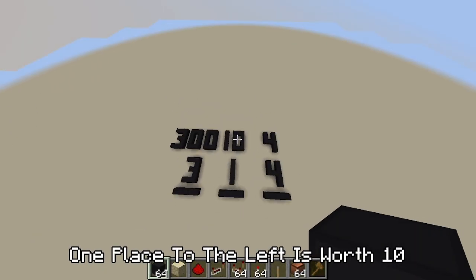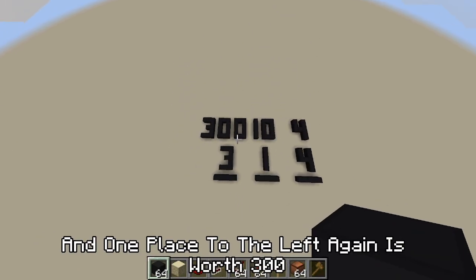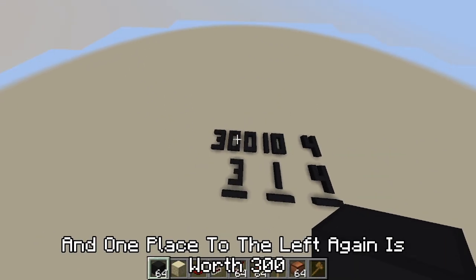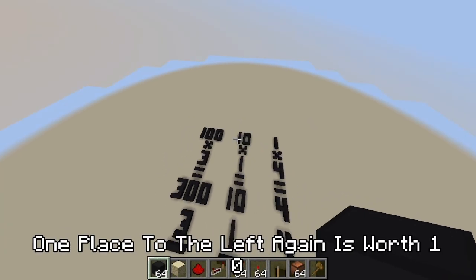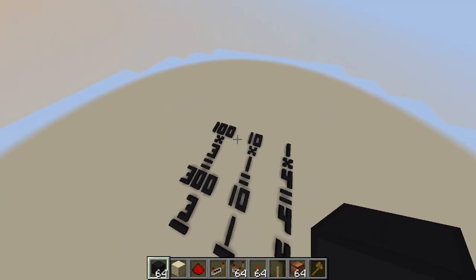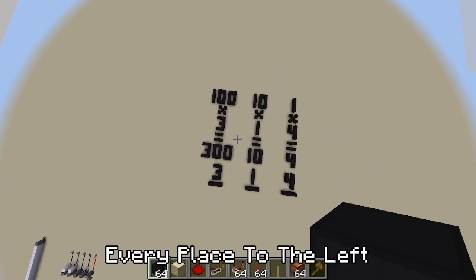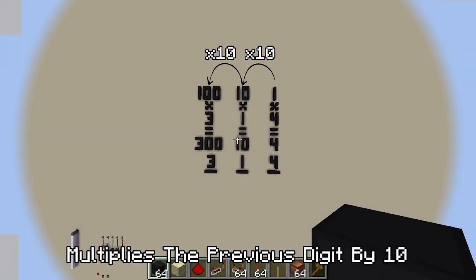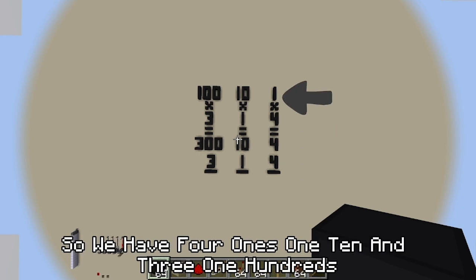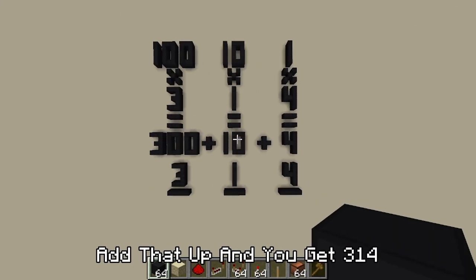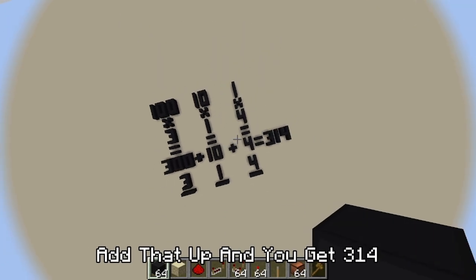One place to the left is worth 10, and one place to the left again is worth 100. Every place to the left multiplies the previous digit by 10. So we have 4 ones, 1 ten, and 3 hundreds. Add that up and you get 314.